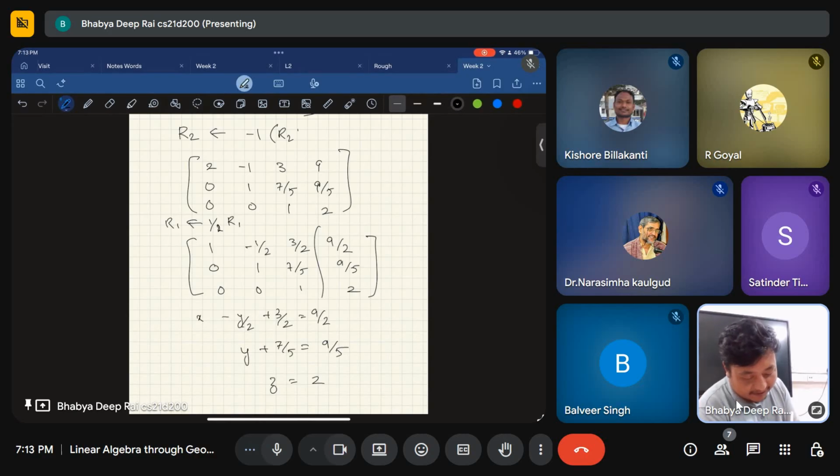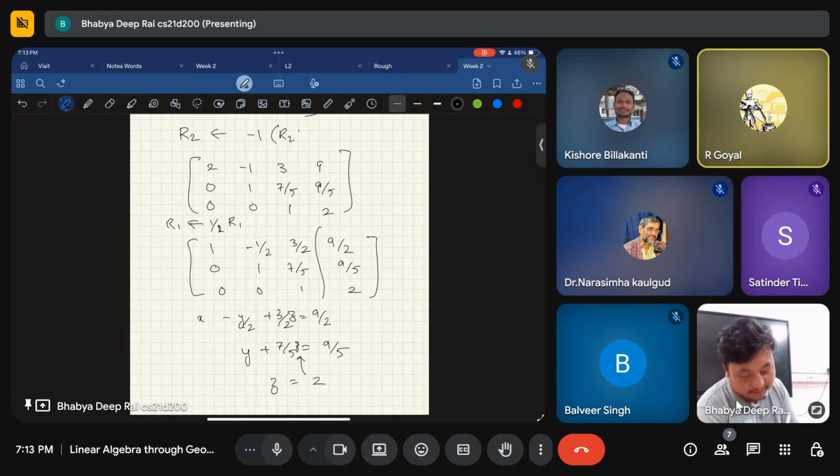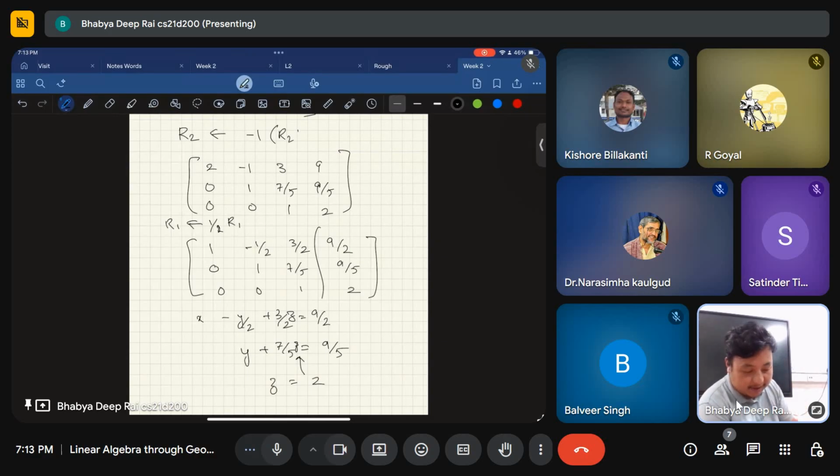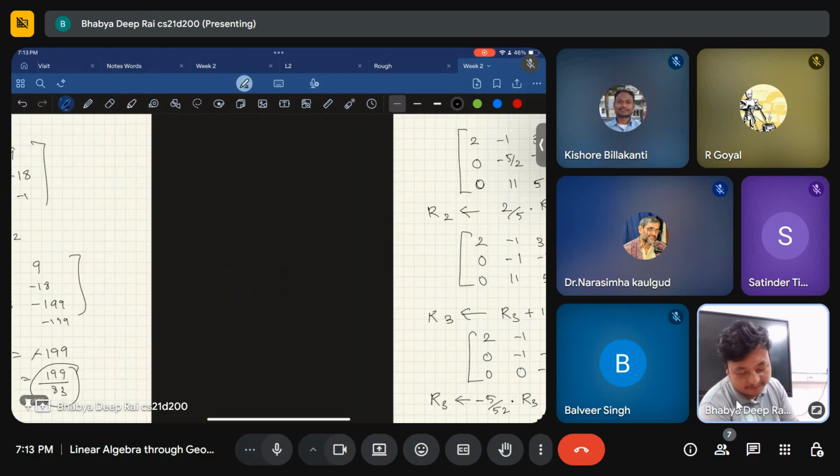Now what I'll do is I'll plug this guy here, 3z by 2 in the first equation. Sorry, yeah, thank you. Okay, I'll plug this guy here, and then I'll get the value of y equals minus 1, and then I'll get x equals 1. Okay, I think that's what we are supposed to get.